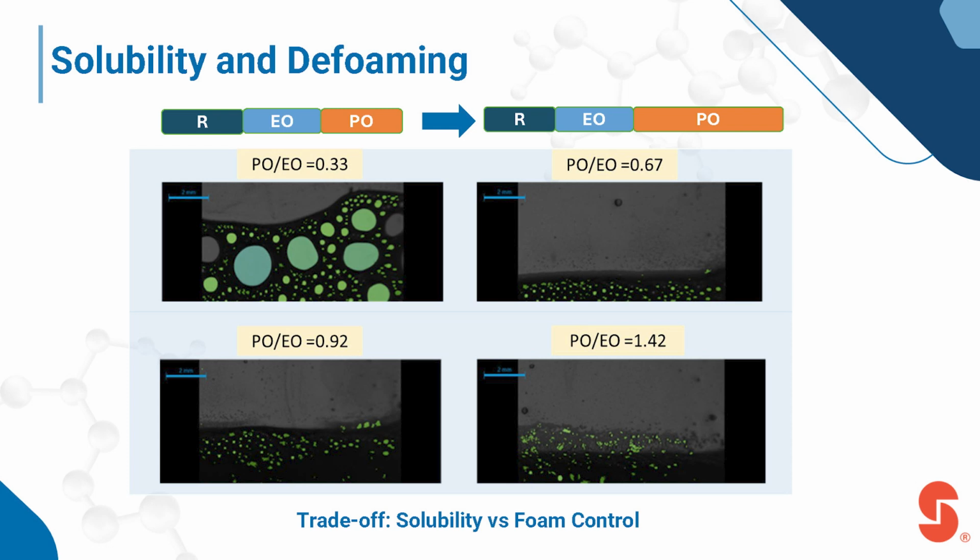This is a significant trade-off for PO cap surfactant or even low foam surfactant, because I have the ability to control the foam, but the surfactant is asking you, what is your trade-off? The trade-off is solubility. Mother Nature makes it very hard to achieve two properties together, because now I have control of the foam, but I have to give up something, which is the solubility.